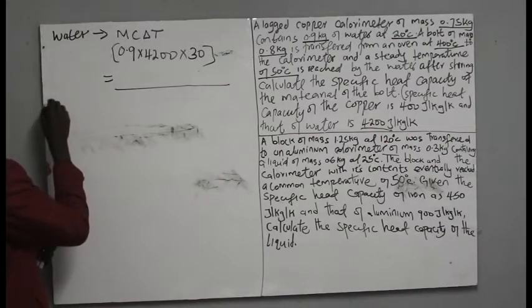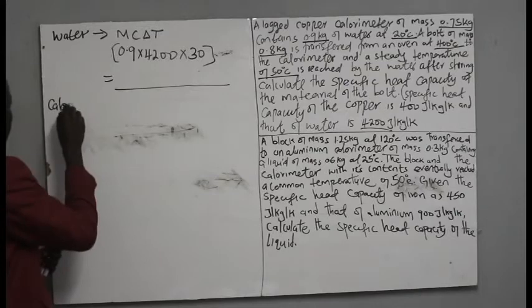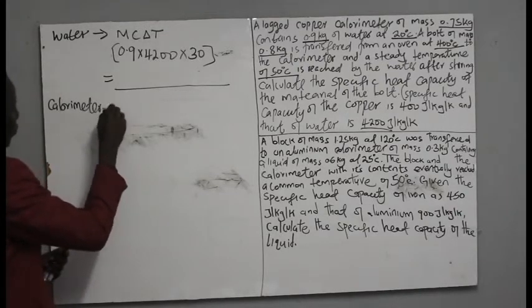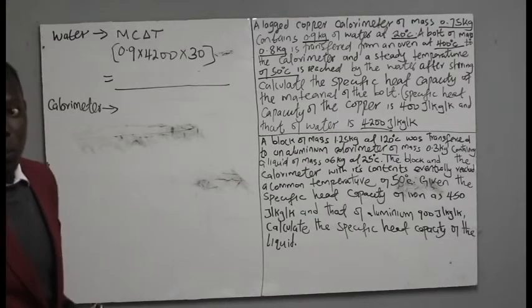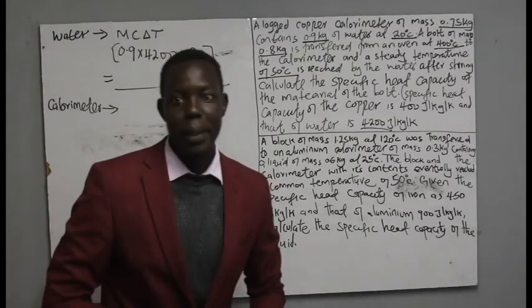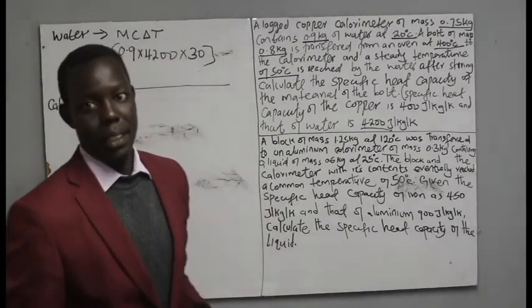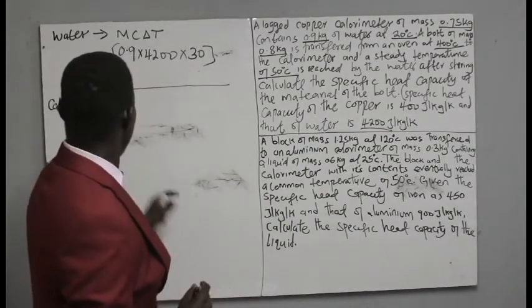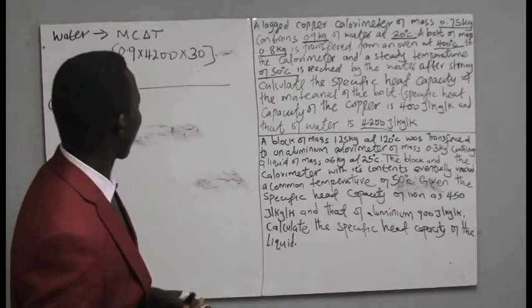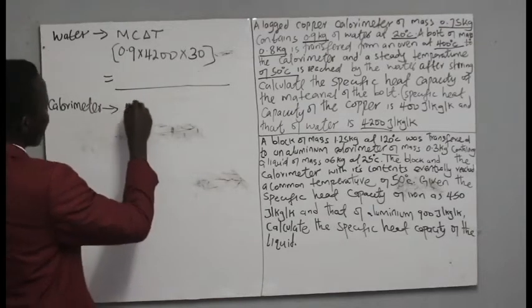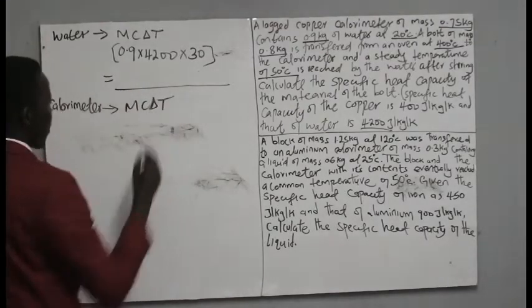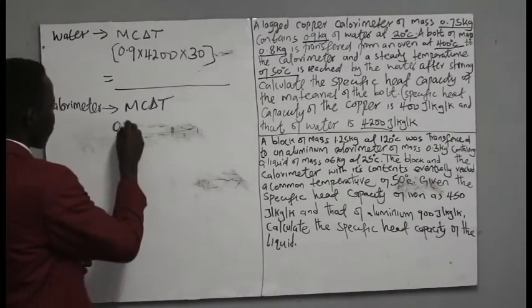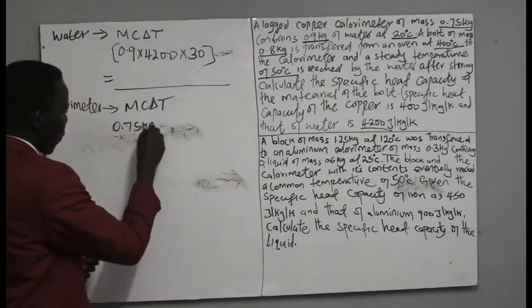Let's look at the calorimeter. What's the mass of the calorimeter? Because it is also going to face the same thing. Its mass is 0.75 kilogram.